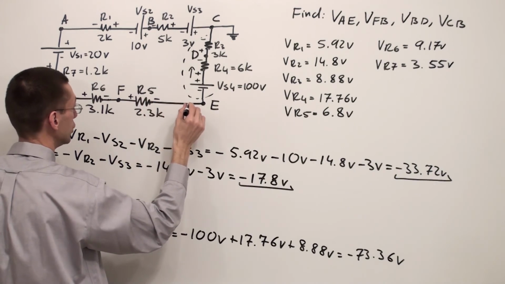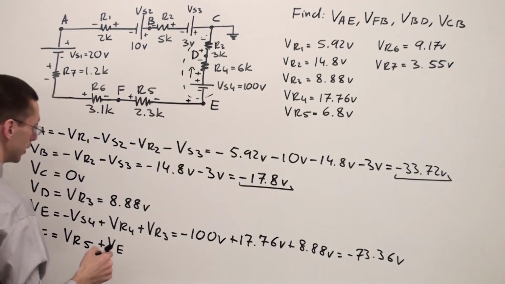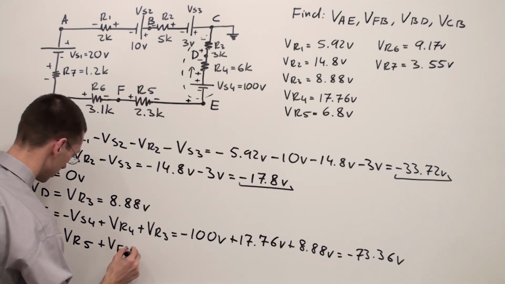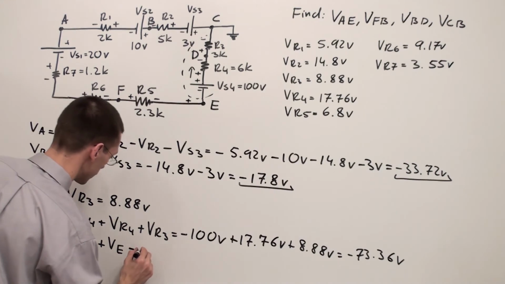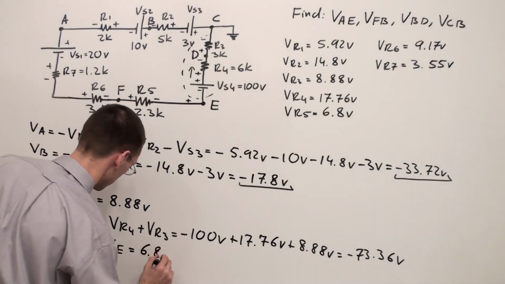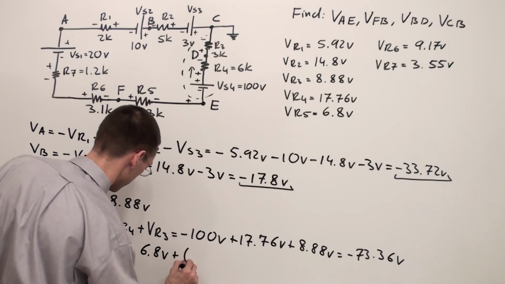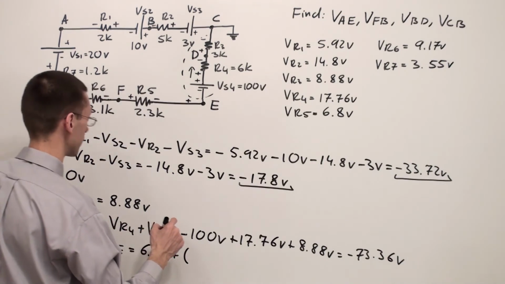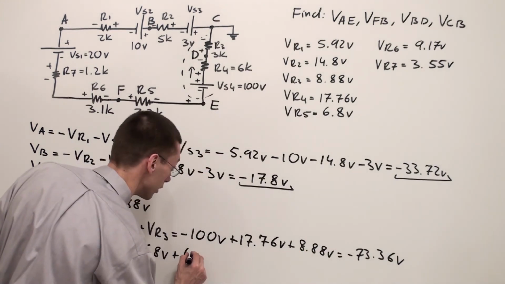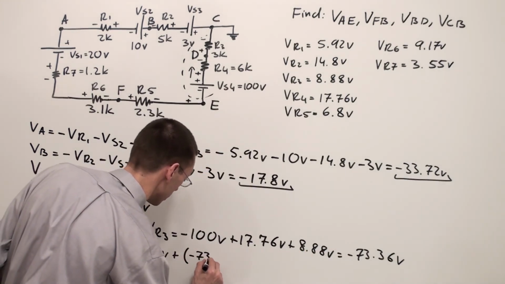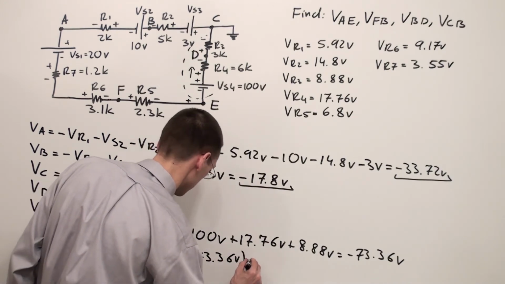So when current goes into it, I'm supposed to write positive. So I'm going to have VR5, 6.8 volts, plus VE we found, which is negative 73.36 volts.